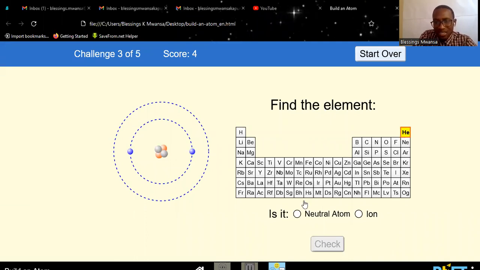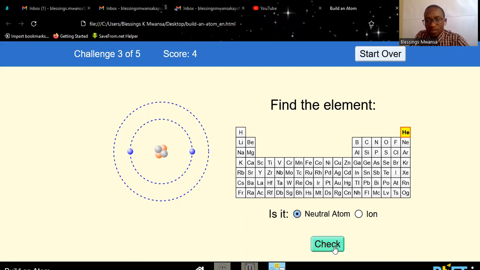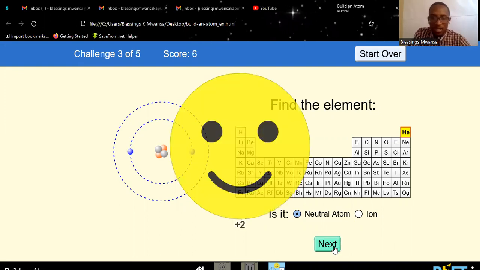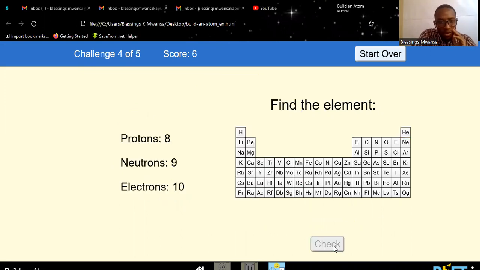Then is this a neutral atom or is it an ion? What are you supposed to do? Exactly. So you compare the proton number and the electron number. If they are the same, then what you're dealing with is a neutral atom. Correct. Let's go for the 4th one.